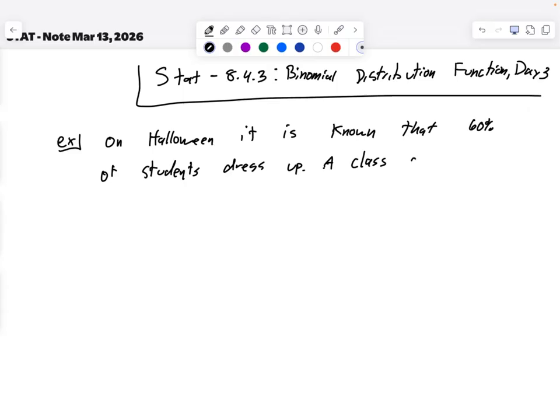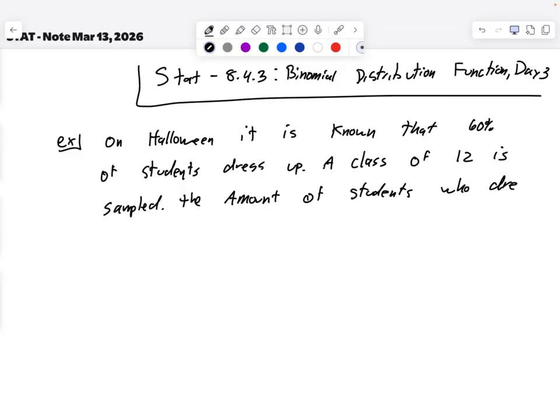A class of 12 is sampled. The amount of students who dress up is recorded. Question A.